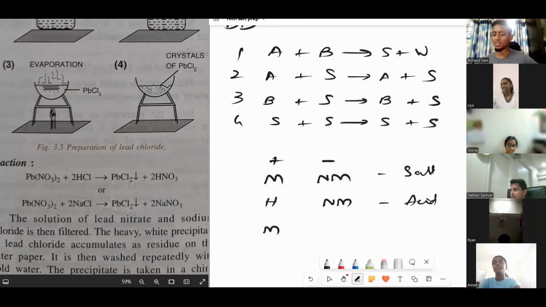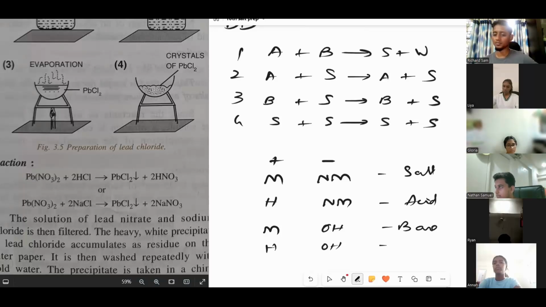If you have metal on the positive and OH on the negative, that's a base. And if you have hydrogen here and OH here, what is it then? It's water, H2O. Okay, so positive will either be metal or hydrogen. Negative will be non-metal or OH. Clear?